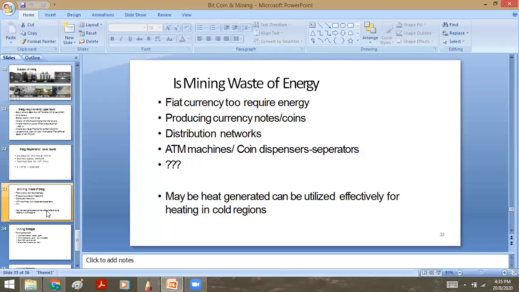All these computers also consume energy. And for counting the notes, banks use coin dispensers, note dispensers, note separators. That also consumes energy. So if you are comparing the energy of mining with fiat currency, then fiat currency also consumes a lot of power.